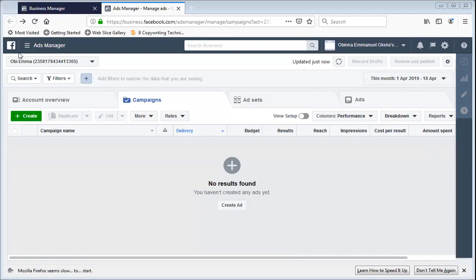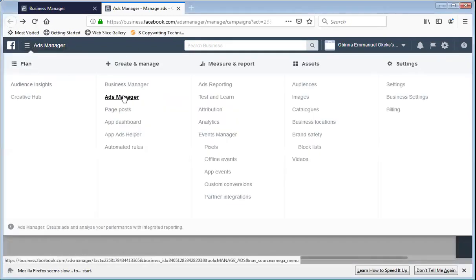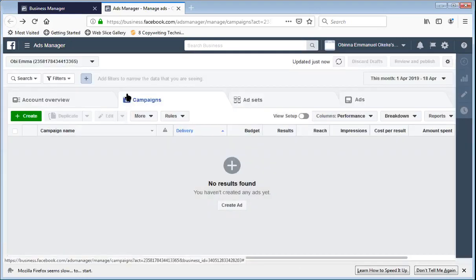Once you log into your Facebook business manager, the next place you want to go to is your ads manager. So you come here, you can see ads manager, click on it. Once you click on it, it brings you to your ad account.